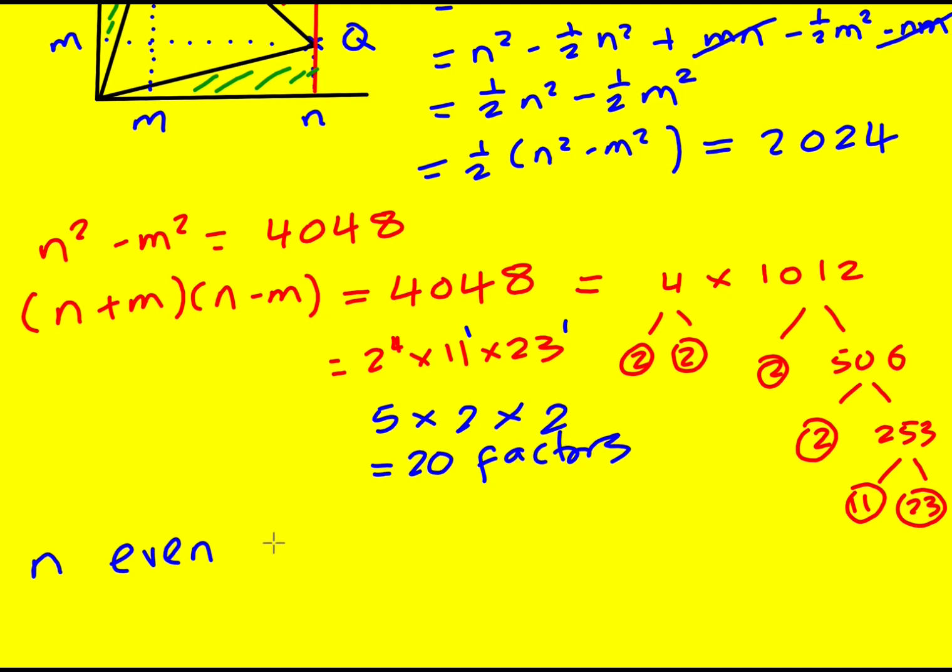So if n is even, then m must be even. Now if n is odd, the opposite applies, so m will also have to be odd. So basically, there's no way we can have an odd times an odd equaling 4048.